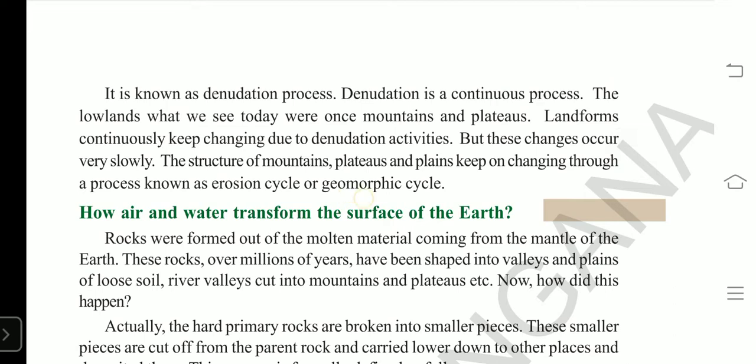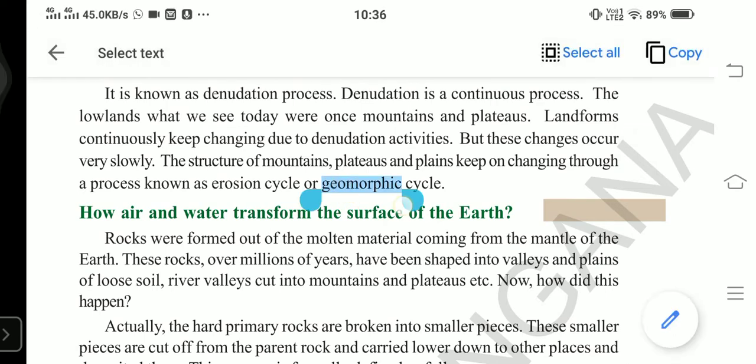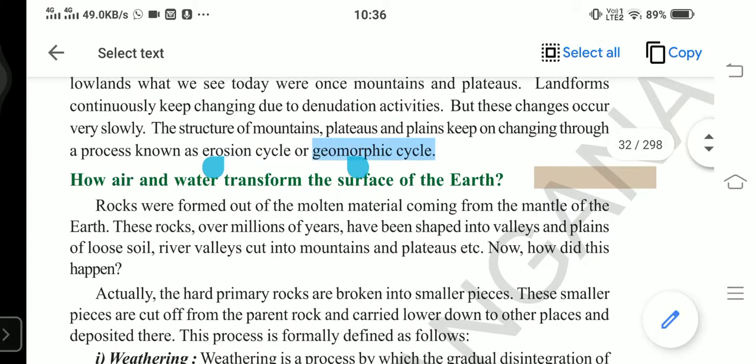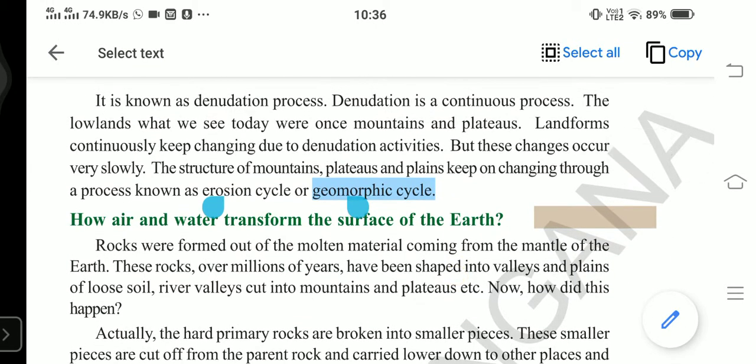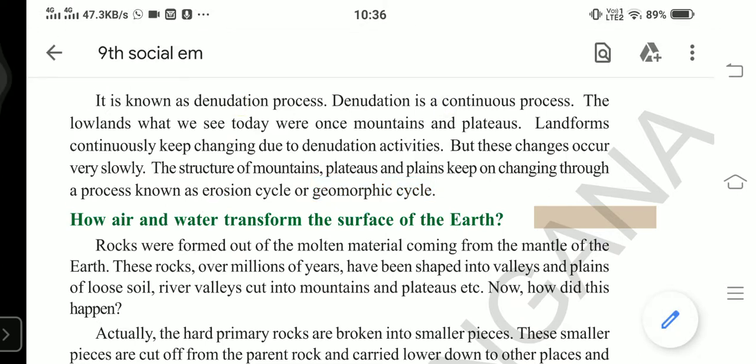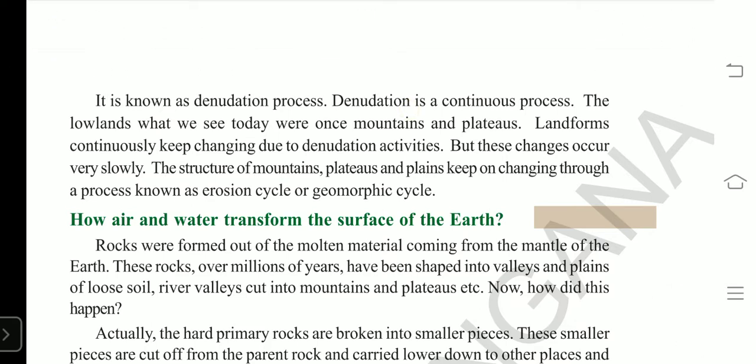Understand? You may get a question for 1 mark. What is geomorphic cycle? Then you should write that the existing landforms keep on changing through a process called geomorphic cycle or erosion cycle. Understand? And this is done by a process called the denudation process. And this denudation process is a continuous process. This denudation process consists of four stages.